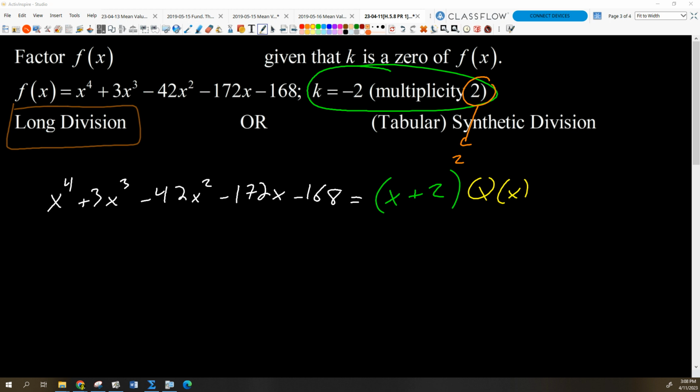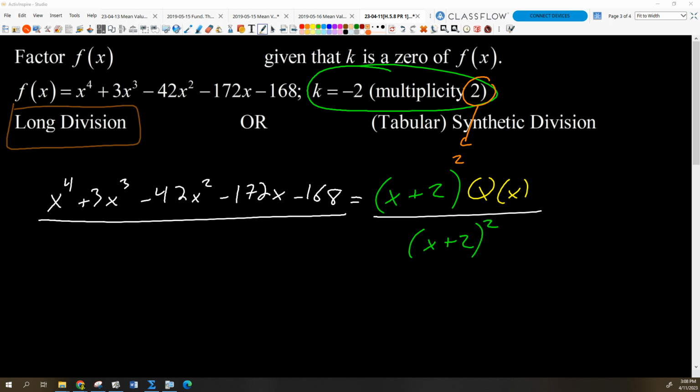Okay, well, we could just divide again, couldn't we? To solve for q of x, I could just divide each side by the quantity x plus 2 squared. Well, what is x plus 2 squared? x squared plus 4x plus 4.